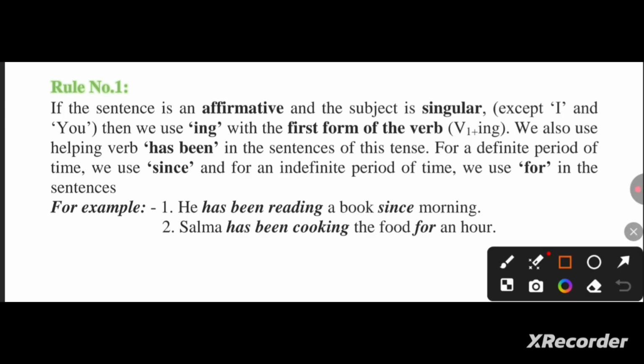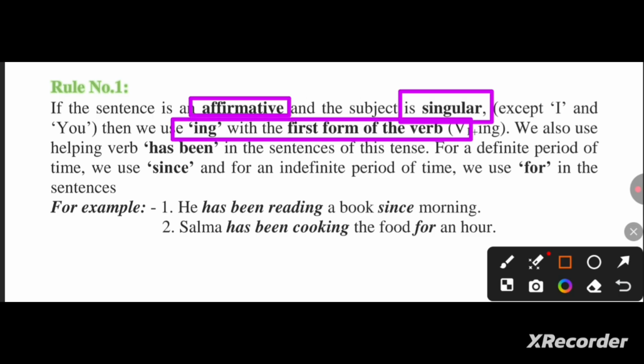If the sentence is an affirmative one and the subject is singular except I and you, then we use ing with the first form of the verb. And helping verb has been is used if the subject is singular. Here, one thing more we must keep in mind.